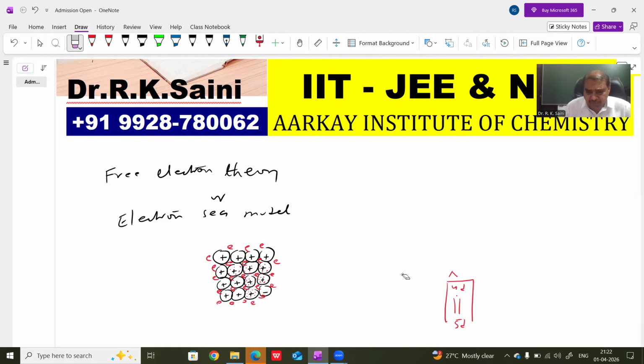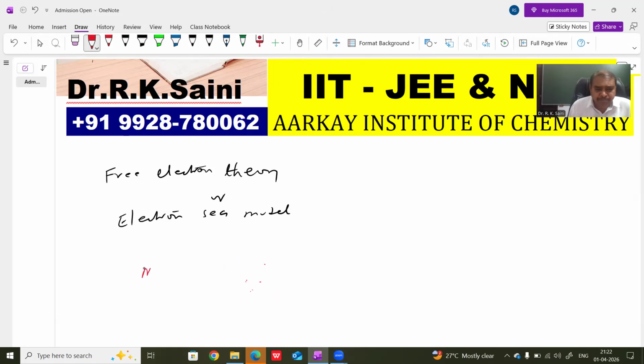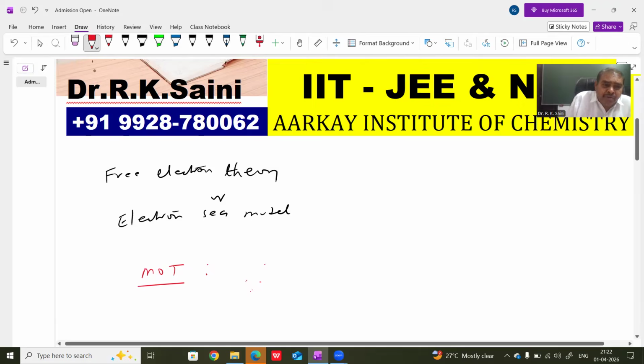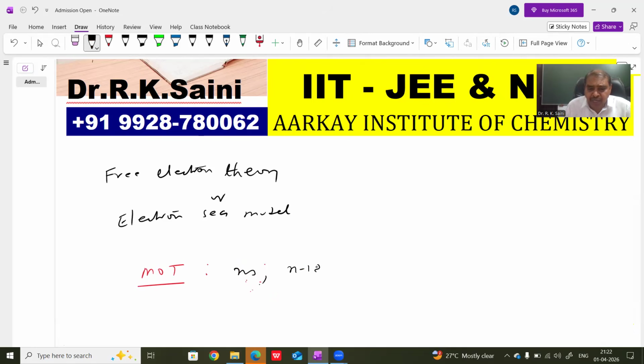Another theory is MOT, which is used to explain metallic bond strength mainly across the series. According to MOT, molecular orbital theory, when the number of unpaired electrons per atom increases, they make a stronger metallic bond. When the unpaired electrons, either in ground state or excited state of ns and (n-1)d, both take part in bonding, then the metallic bond is stronger, because when more unpaired electrons are there, these electrons enter into BMO, bonding molecular orbitals.